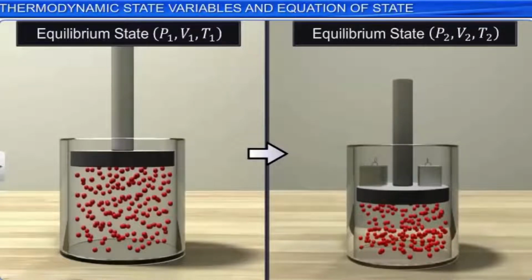As the name suggests, state variables of a system depend only on the state of the system and they do not depend on the path through which the system is taken to attain this state.